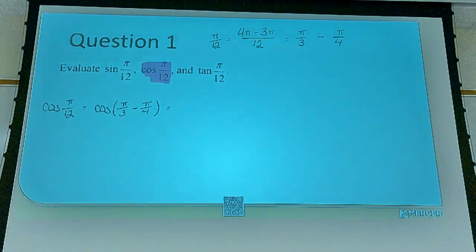Cosine, the difference identity. And then cosine pi over 3, the order doesn't matter. Cosine pi over 3 times cosine pi over 4 plus sine pi over 3 and sine pi over 4.